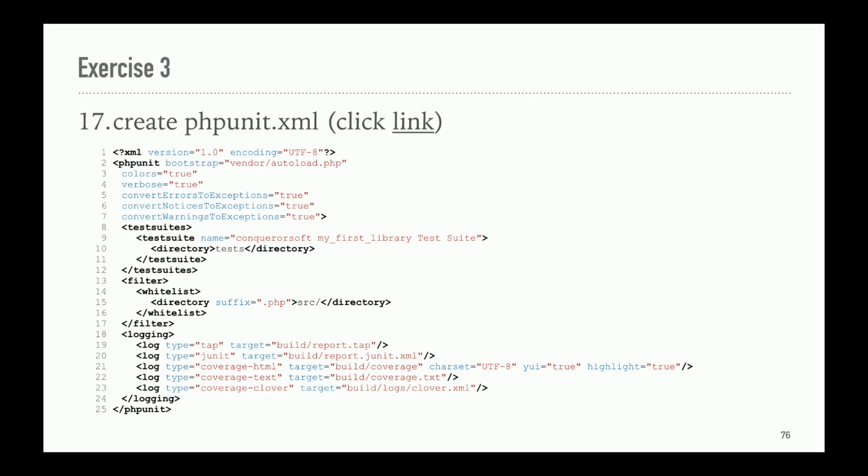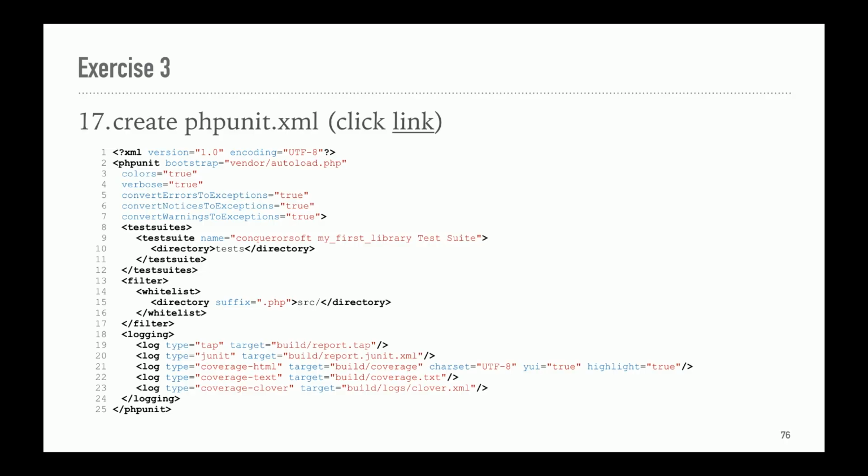It has other parameters that are up to you to define. We would have the test suite. In this case, I am just putting Conqueror Soft, my first library test suite. The directory is going to be under test. The code that is going to test my library is going to be under the test directory.